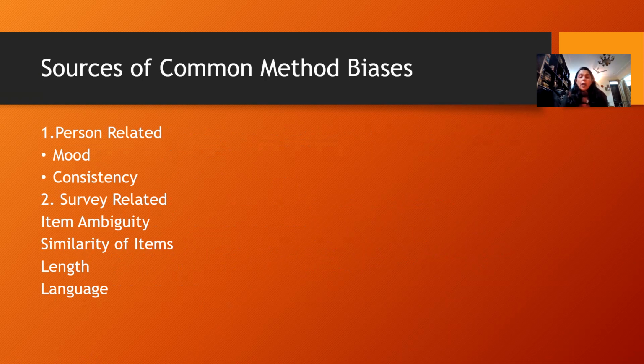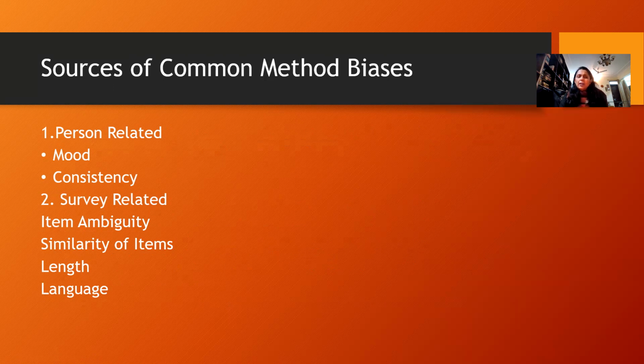And what are the sources of common method bias? It could be person related, like mood and consistency. Survey related, it could be item ambiguity, similarity of the items, its length and its language also might be possible. In which particular language you are asking this question might not give the respondent the correct meaning.